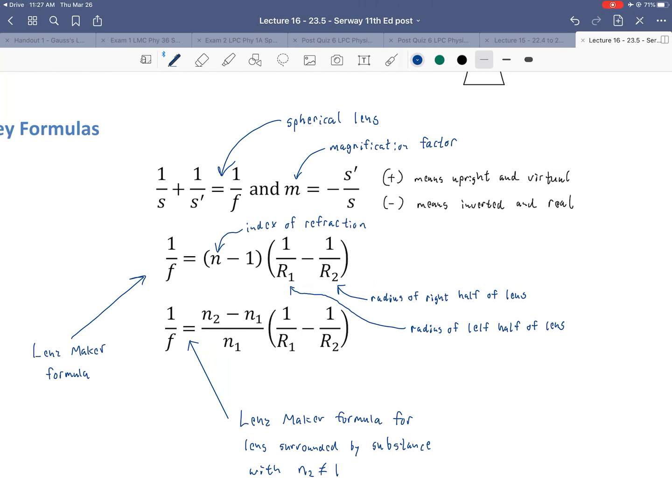But if we have a lens in water, which is the most common example, where the index of refraction is 1.33, that's definitely not 1, it's significantly different, so we have to take that index of refraction into account for making our lens. And that's why n2 shows up in that formula, and n2 is the index of refraction of the surrounding substance. So you can see it's just a slight variation on the lens maker formula for those wet lenses.